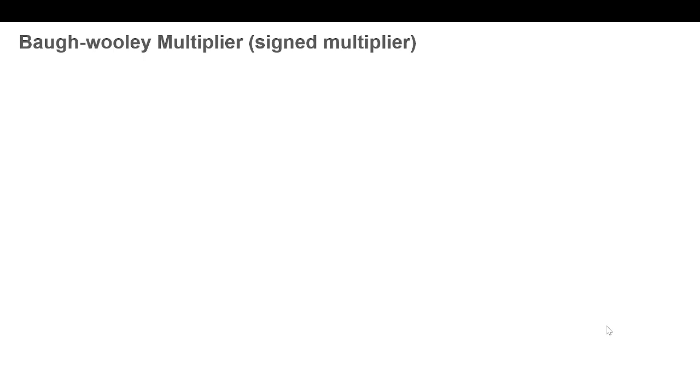Next, Baugh-Wooley multiplier. This is a signed multiplier. So again, same representation, if I consider A equal to A3, A2, A1, A0. So this is in the decimal representation minus A3 plus A2 plus A1 to the power minus 2 plus A0 to the power minus 3.